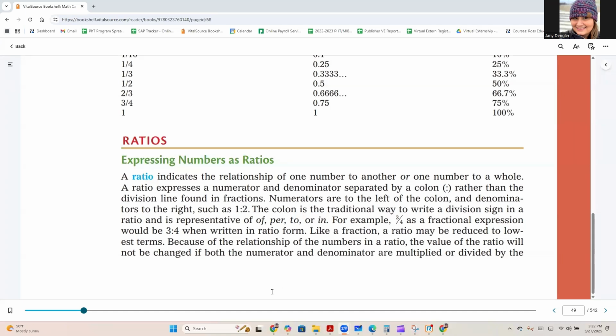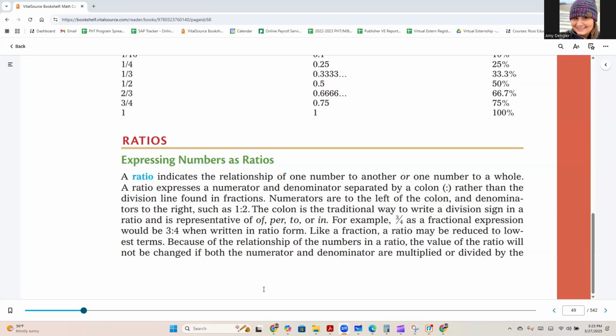A ratio indicates the relationship of one number to another or one number to a whole. A ratio expresses a numerator and denominator separated by a colon rather than a division line found in fractions. Numerators are to the left of the colon and denominators to the right, such as 1 to 2. The colon is the traditional way to write a division sign in a ratio and is representative of per, to, or in.